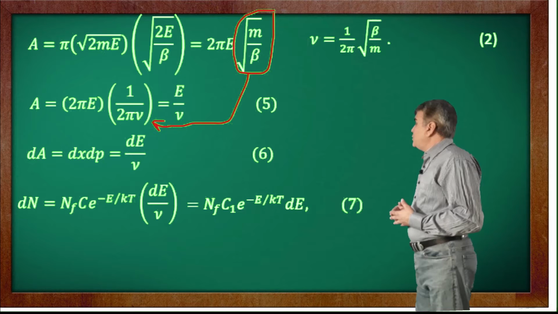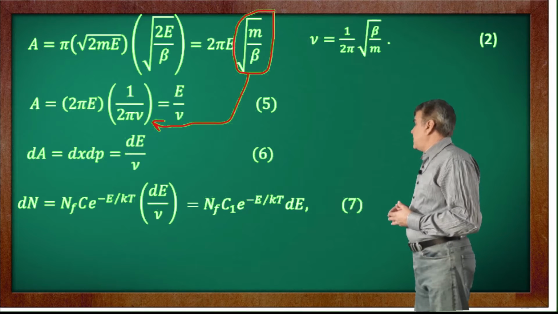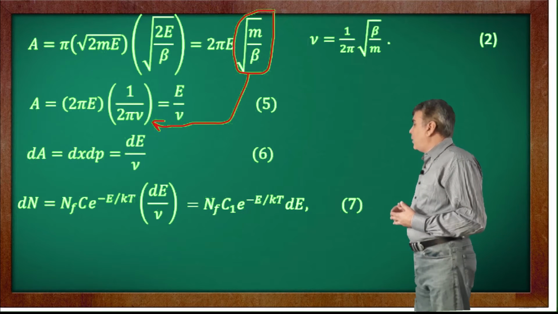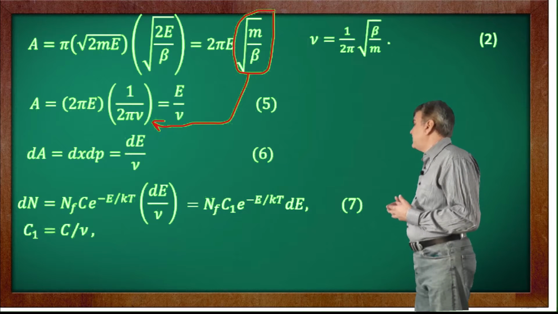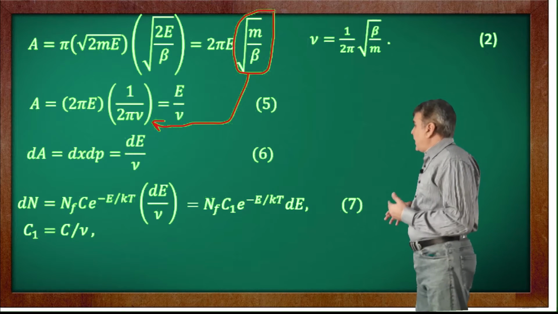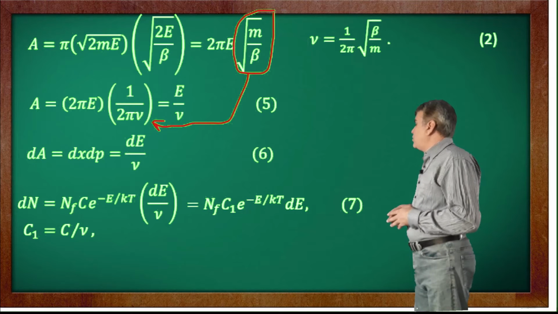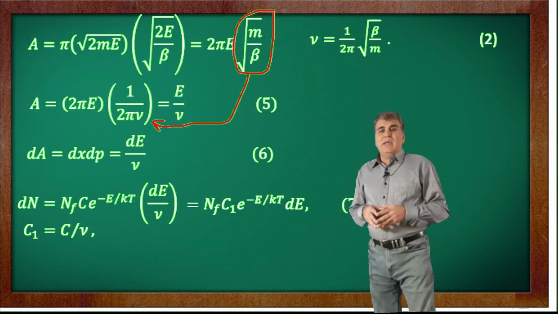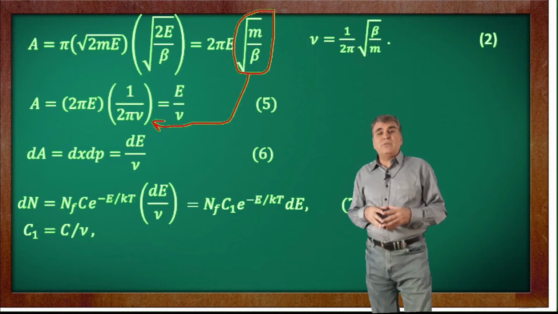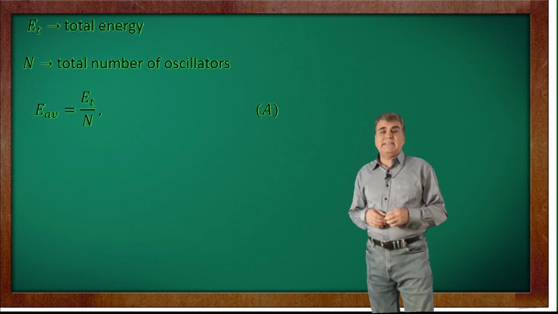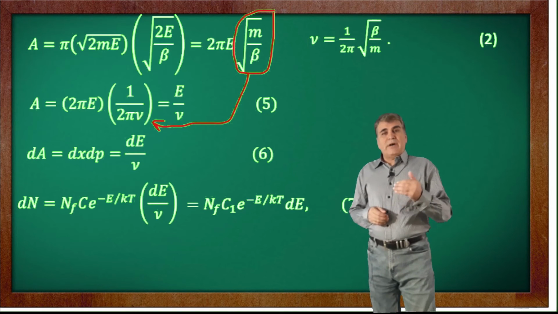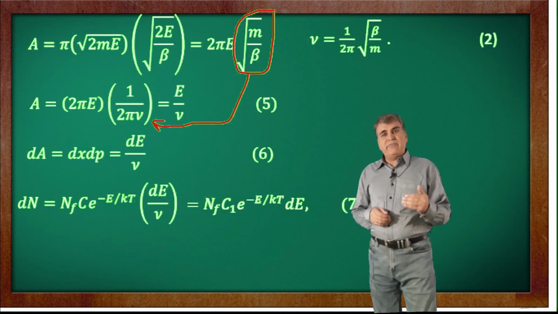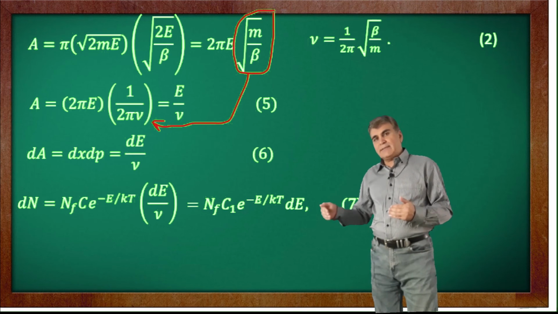And this can be put into the form n sub f times c sub 1 times exponent minus E divided by kT times differential E, where I have defined c sub 1 equals the ratio of c and frequency nu. Equation 7 gives the number of oscillators having energy between E and E plus dE. So I stop this video right over here and will continue the rest in the next video.